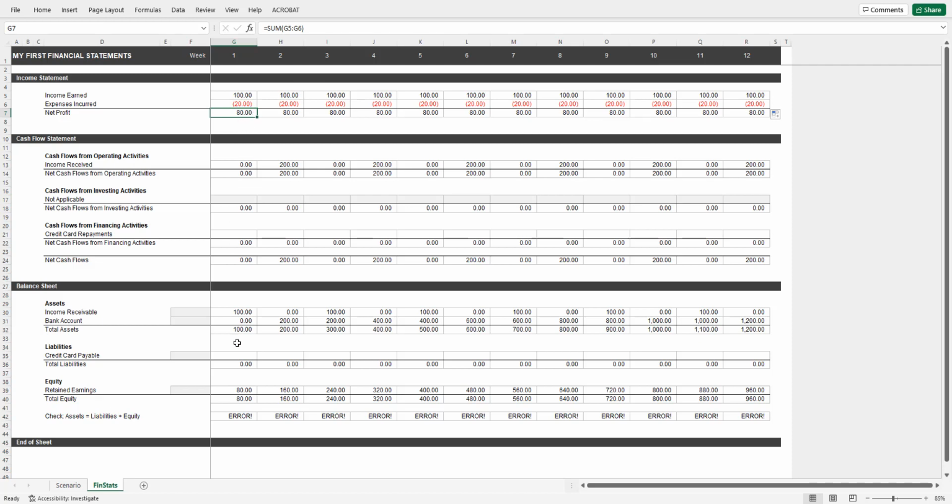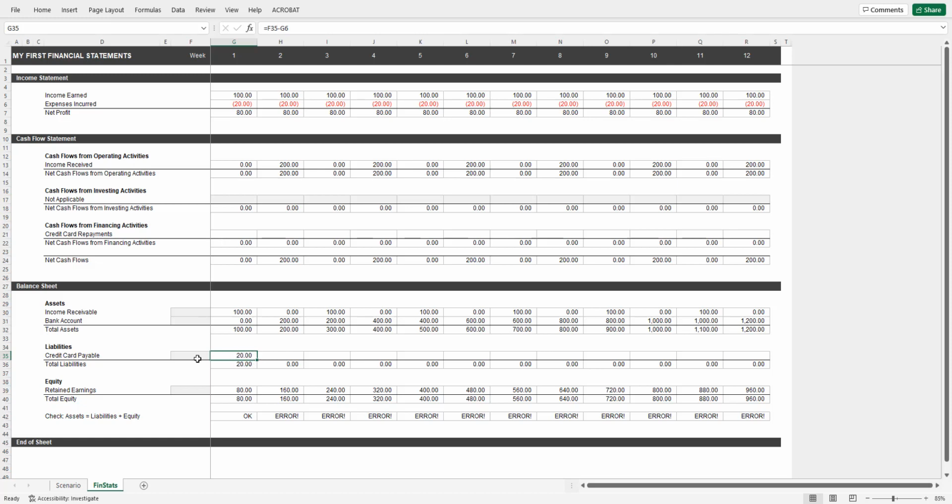Now, in terms of the liability, the way I can reflect that is I'll say what I owe the credit card company is what I owed them before, which again starts as nothing, minus this expense. And the reason I minus it is because hopefully you remember from your math that subtracting a negative number gives you a positive number.